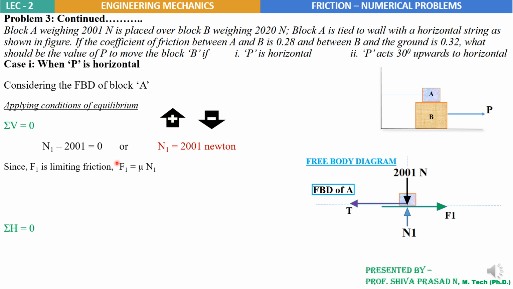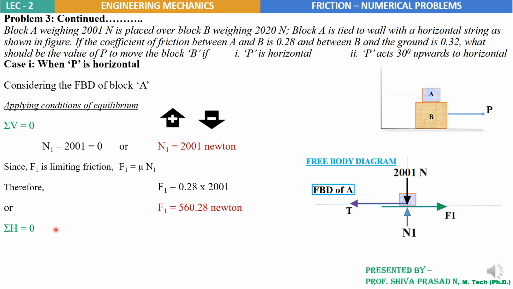Next, since this entire case is for impending motion, we consider F1 as limiting friction. So you can use this formula, F1 equal to mu times N1. That value of F1 works out to be 560.28 Newton. With these values of N1 and F1, let's apply the second condition of equilibrium, sigma H equal to 0.